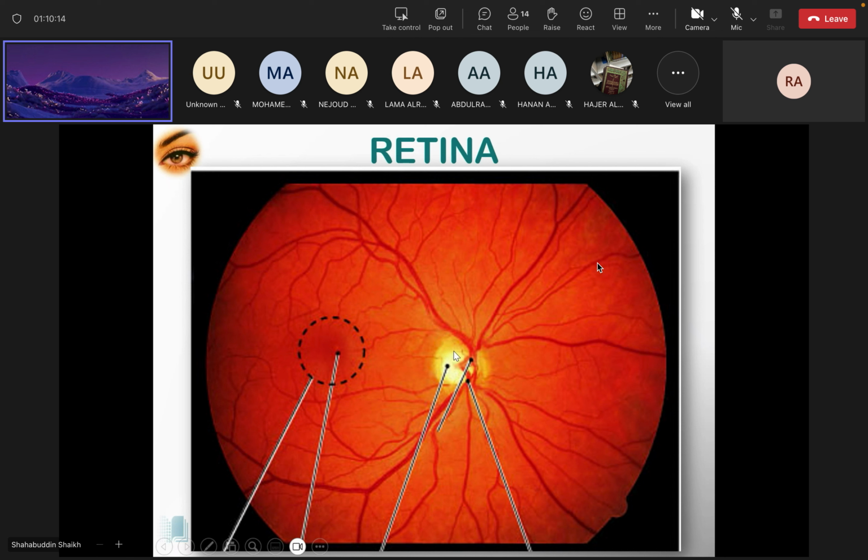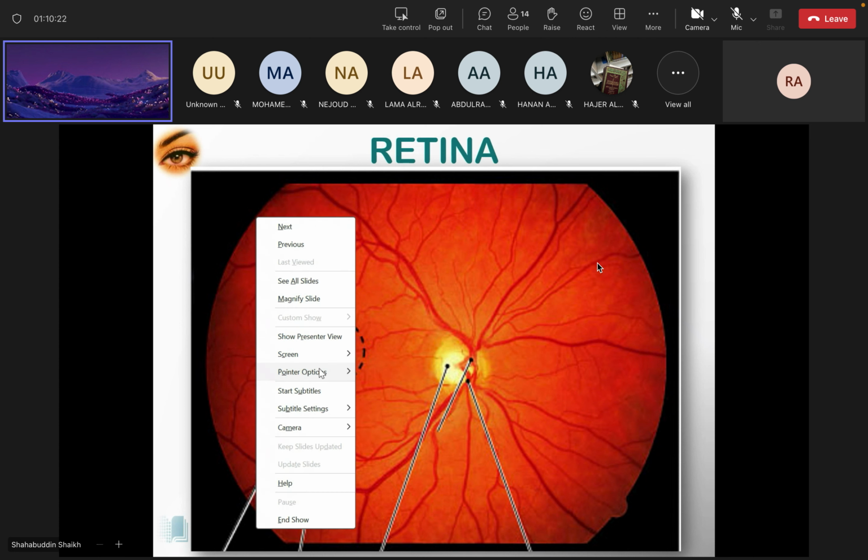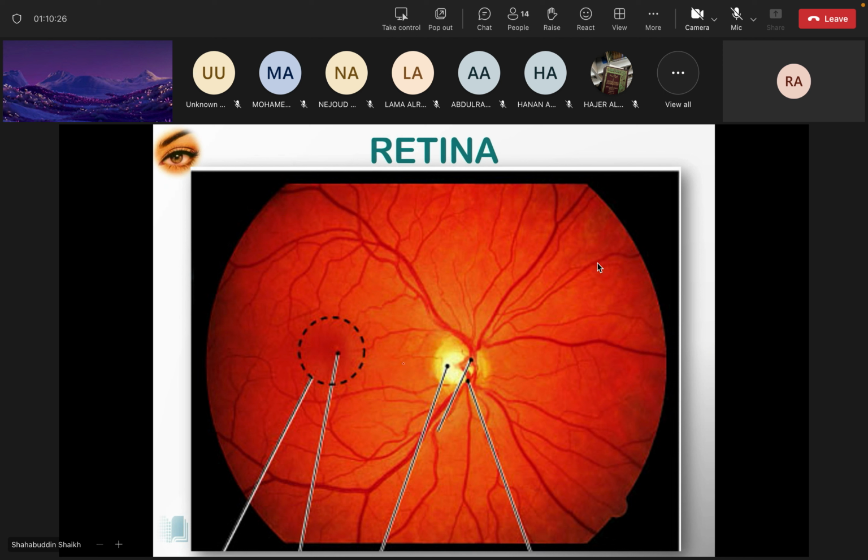The second most important thing you will see in this retina picture through the ophthalmoscope, let me show you with the pen. On the lateral, peripheral side of the optic disc, there is a region of retina where you will not see blood vessels.